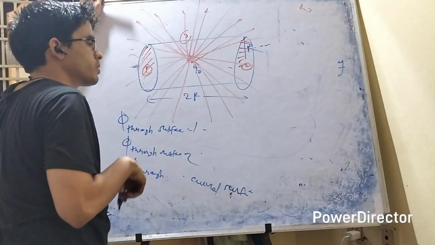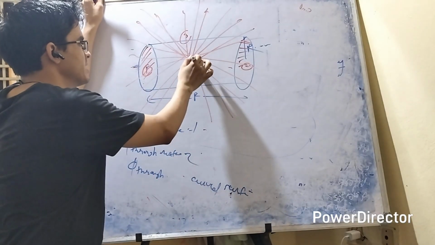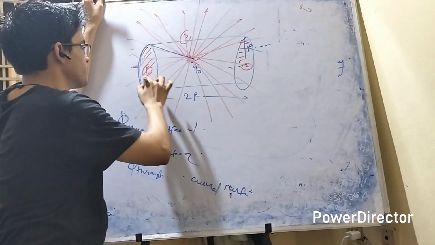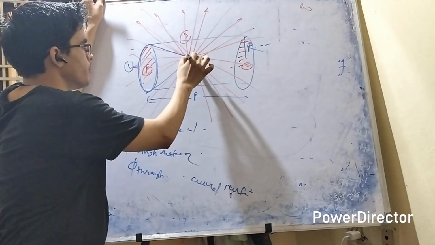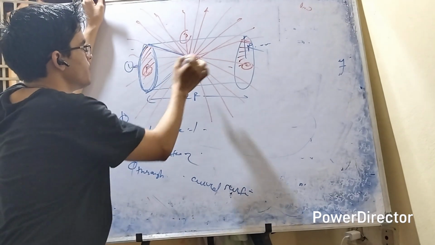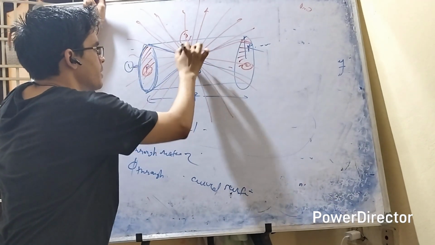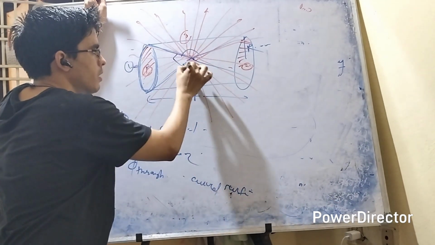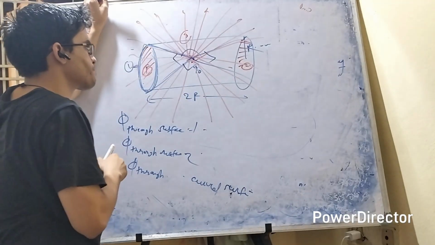If you check carefully, the first surface makes a cone from here. Tell me, what is the angle here? 90. This angle also 90, this angle 90, this angle also 90.